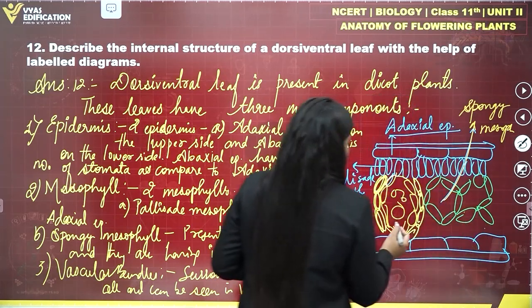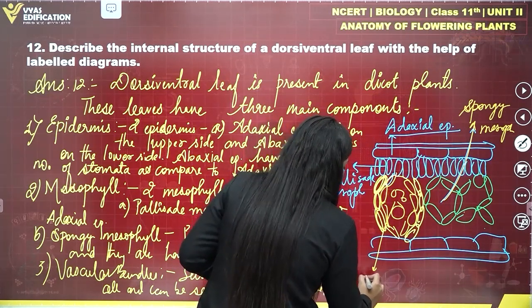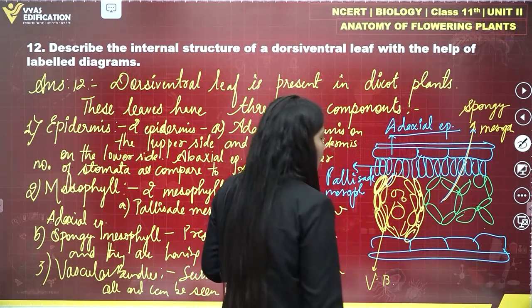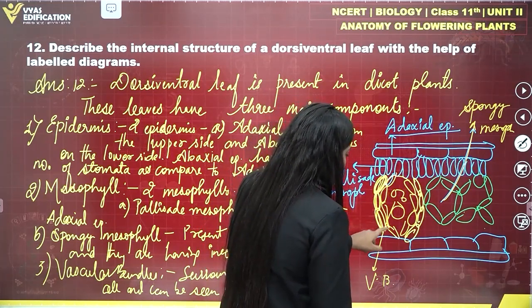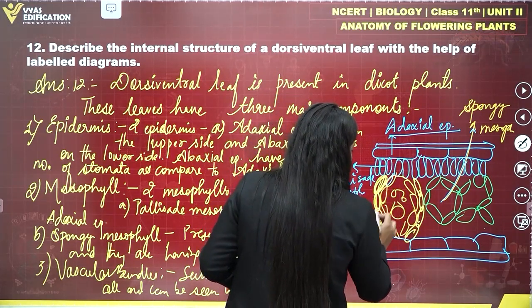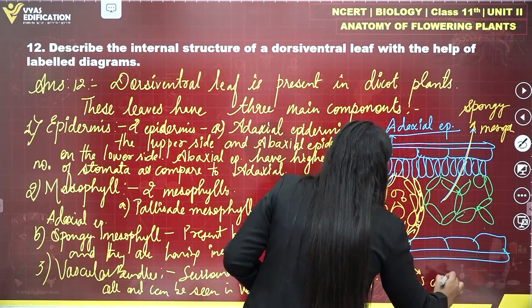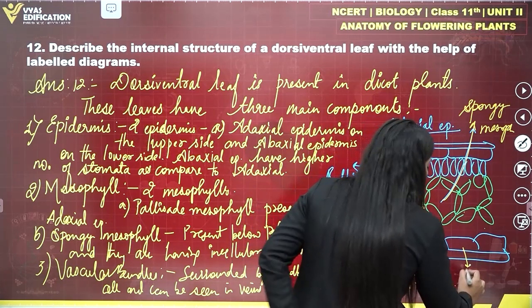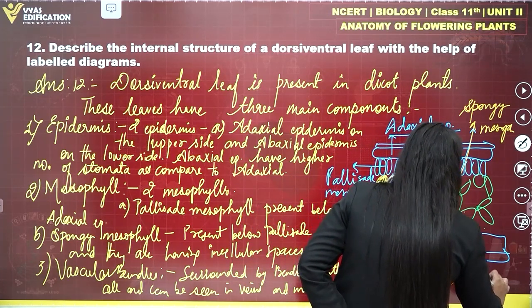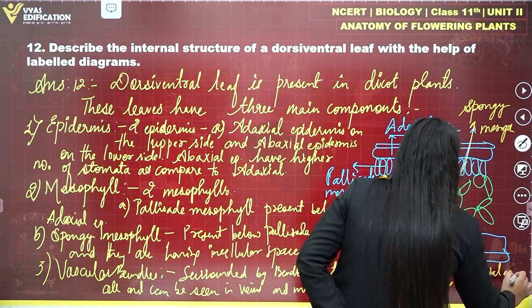Then this is vascular bundle, I'm writing it as VB. These are bundle sheath cells, in the light yellow color. And this is abaxial epidermis.